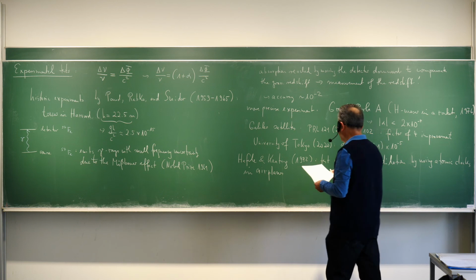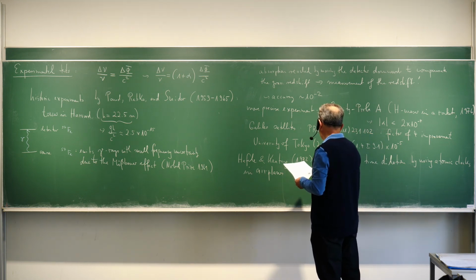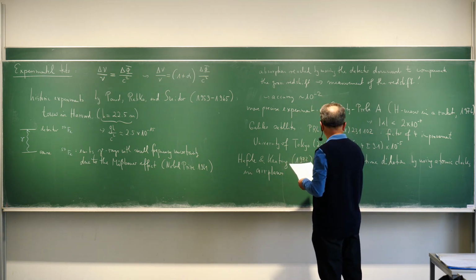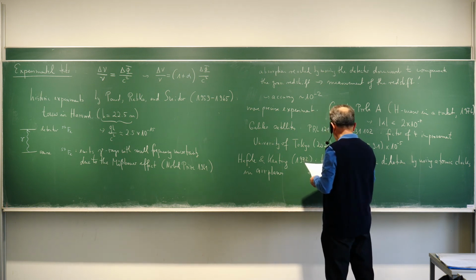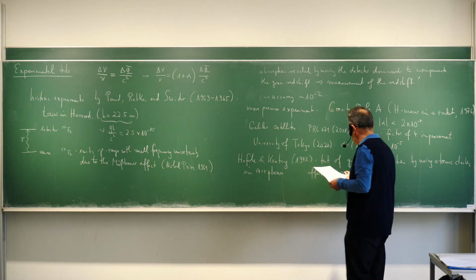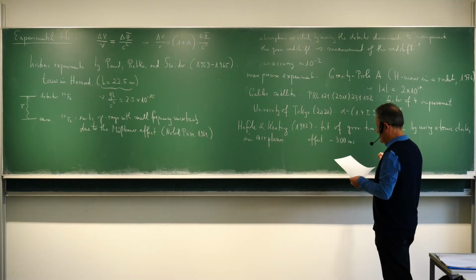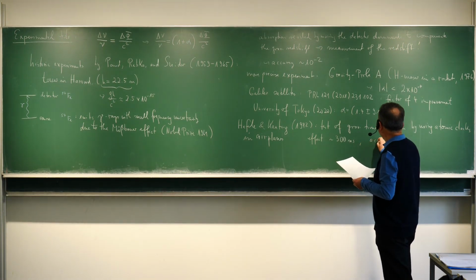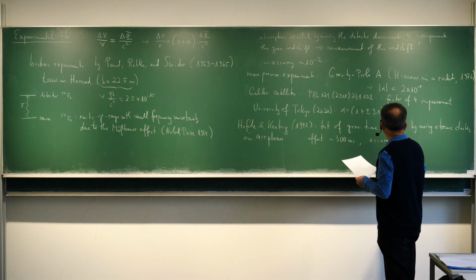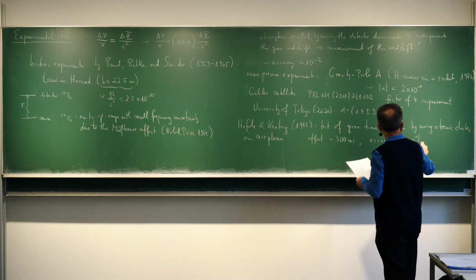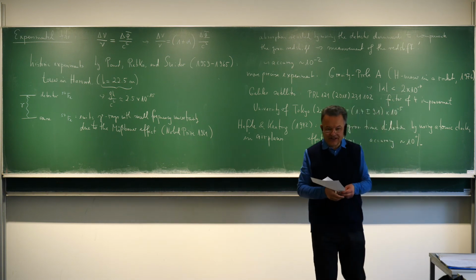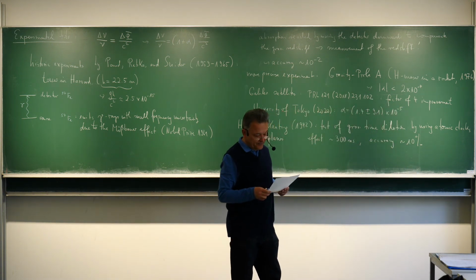And the effect in that experiment of the gravitational time dilation would be about 300 nanoseconds. Okay, this is small, but it was measurable already at that time. And they found it with an accuracy, well, not too overwhelming, but 10%. For such a pioneering experiment, that's good.